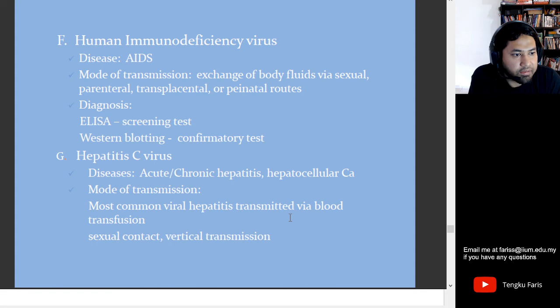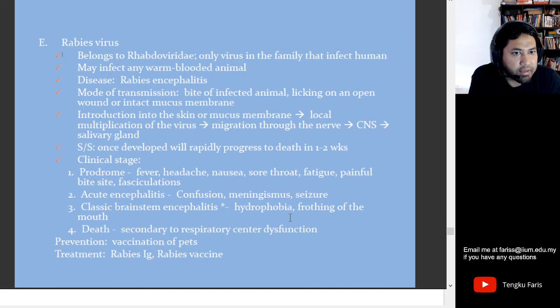Hepatitis C viruses can cause hepatocellular carcinoma or chronic hepatitis. It is most commonly transmitted via blood transfusion. People can also get it from sexual contact.